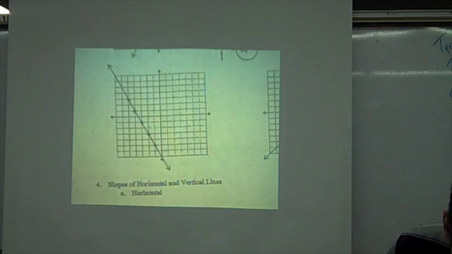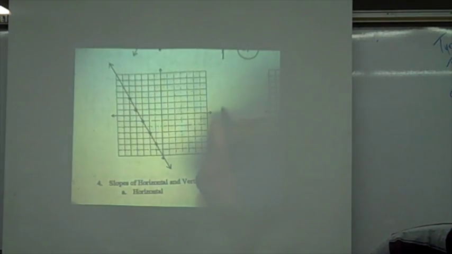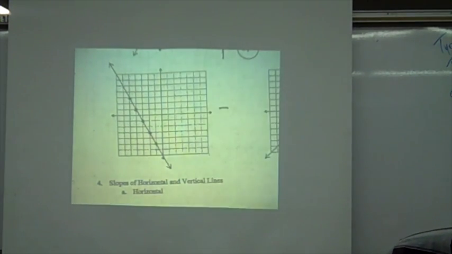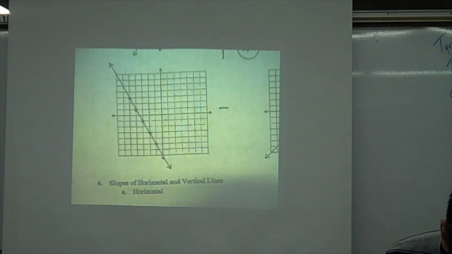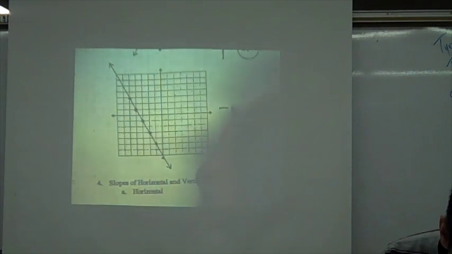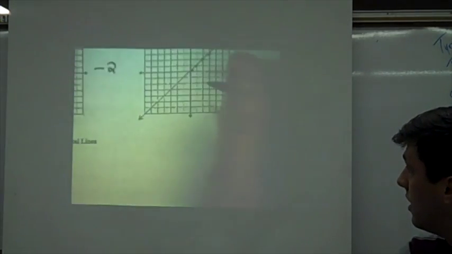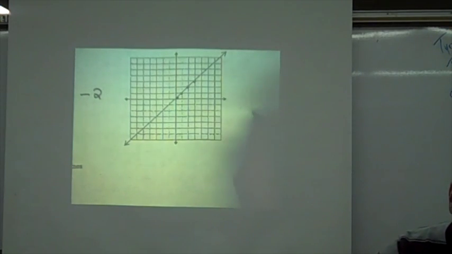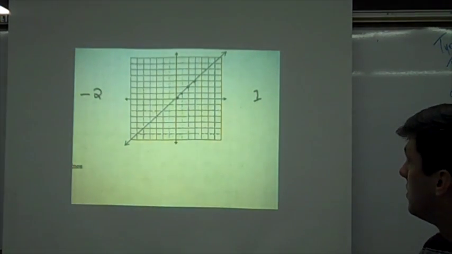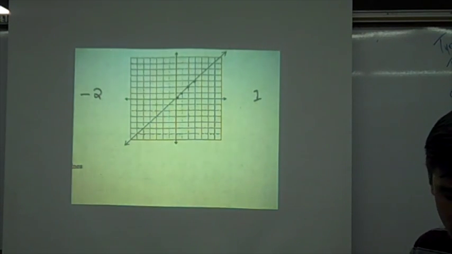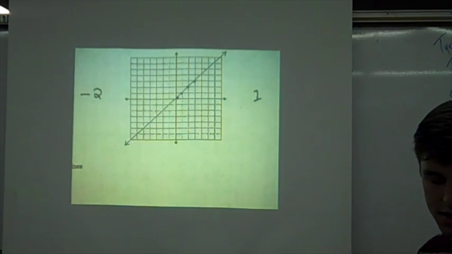So the answer for this first one is going to be a slope of negative 2. And then this one over here is going to be a slope of 1. See if you can get those answers, and if you can't, ask me.